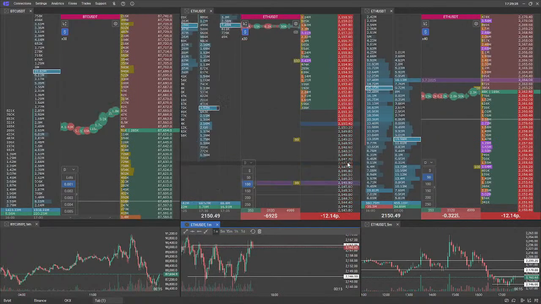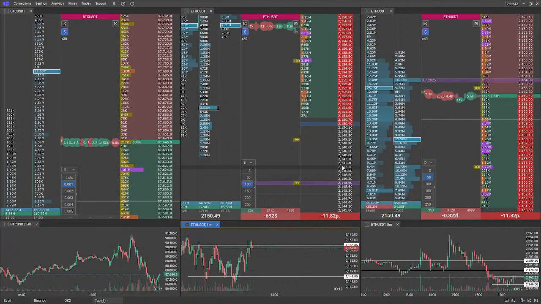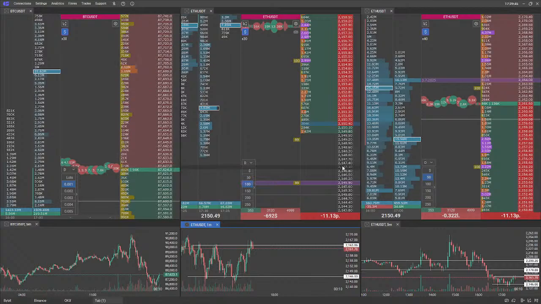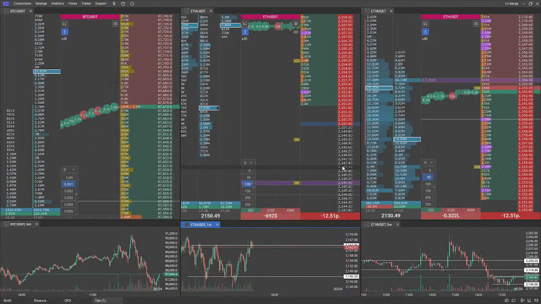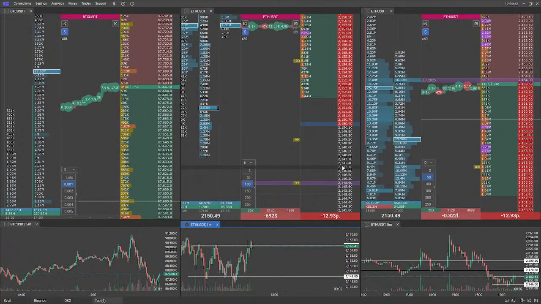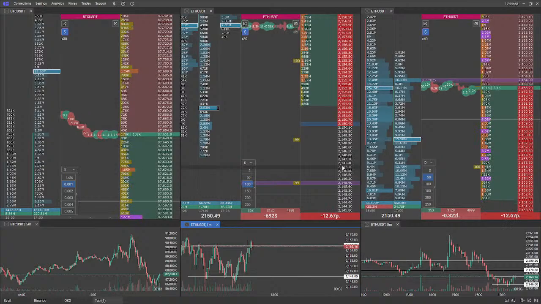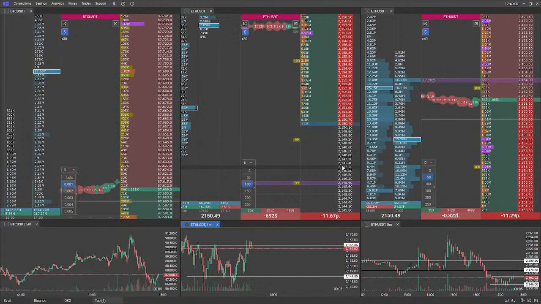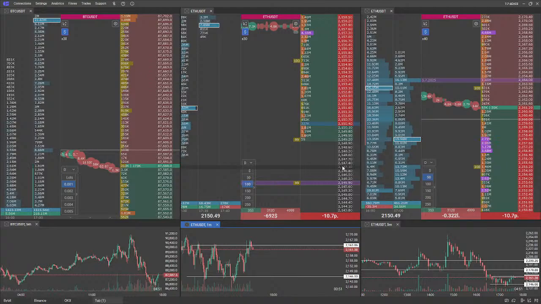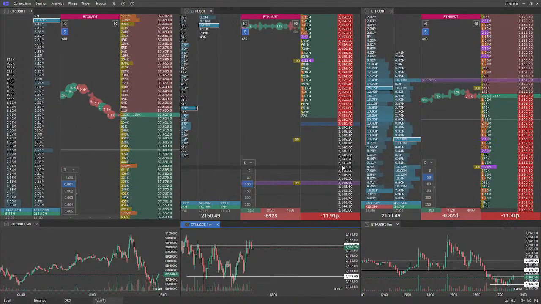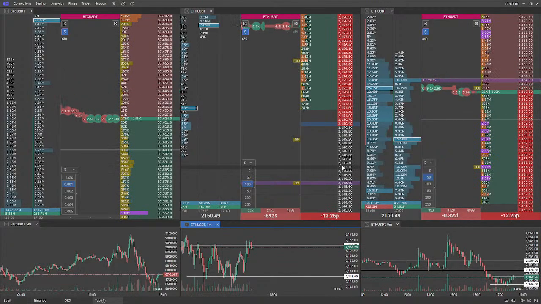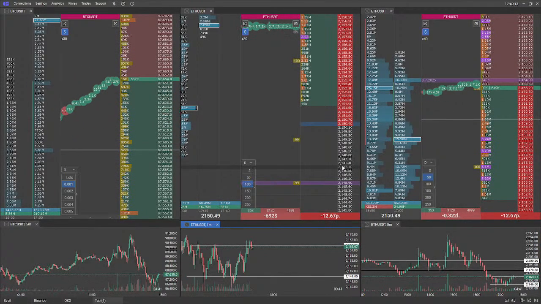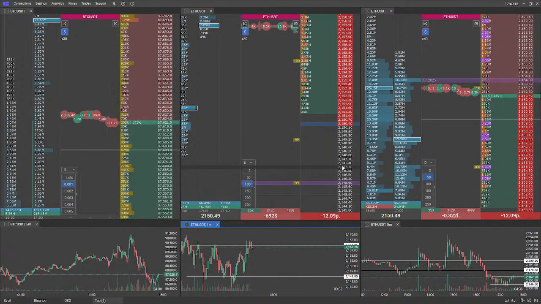A minute and a half has already passed. I'm trading at 20x.